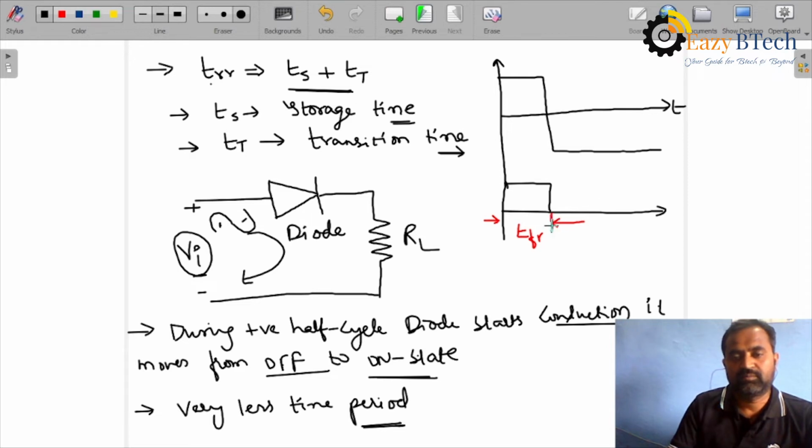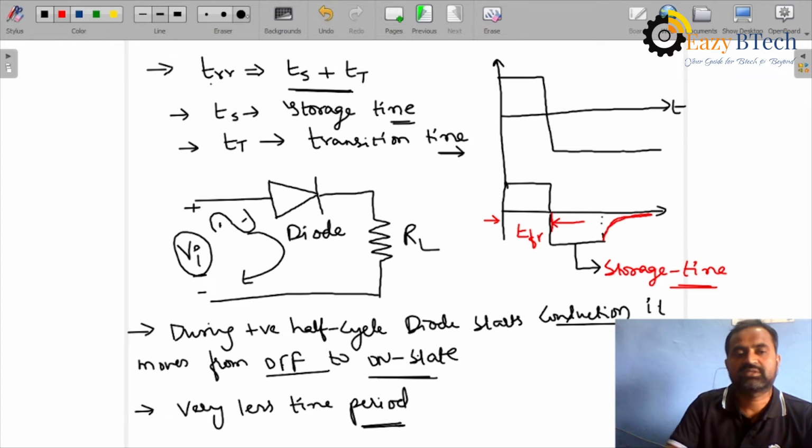From here to this state we will call the storage time, and from this state to this state we will call the transition time.